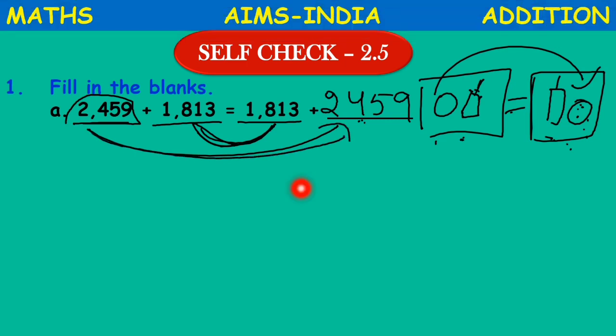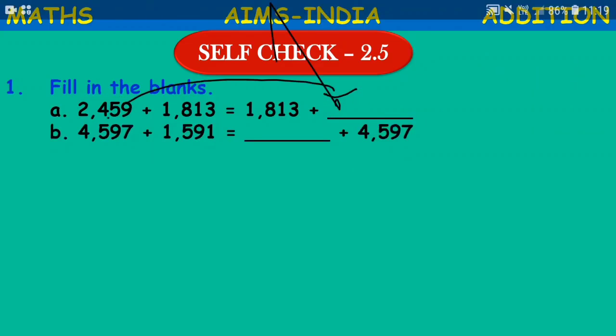Now how can we say that 2459 plus 1813 is equal to 1813 plus 2459? With the help of commutative property.